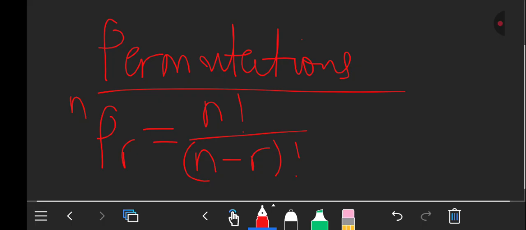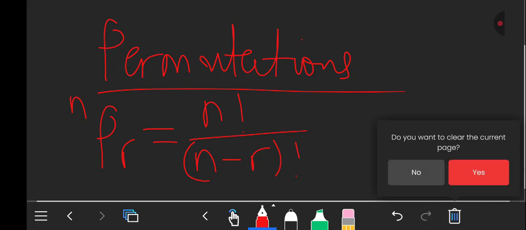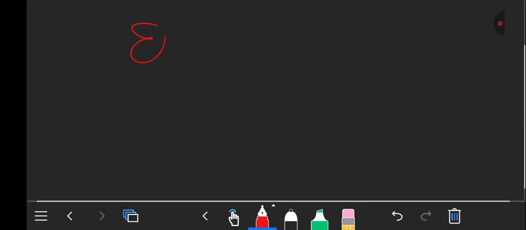So this is it about permutations, just n factorial over n minus r factorial. Let's deal with examples for better understanding. Okay, so let's say you have 7 permutation. We are dealing with permutation now.